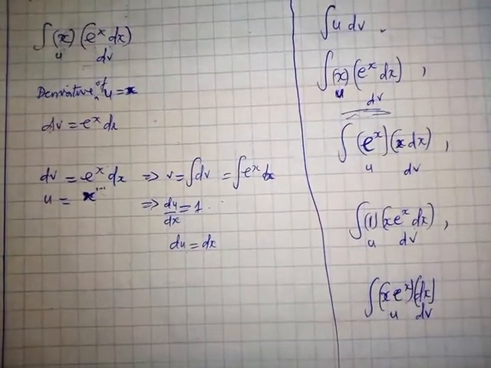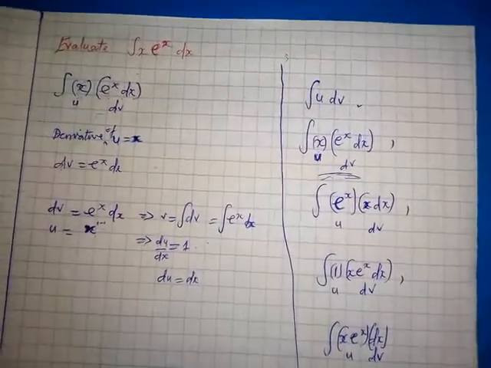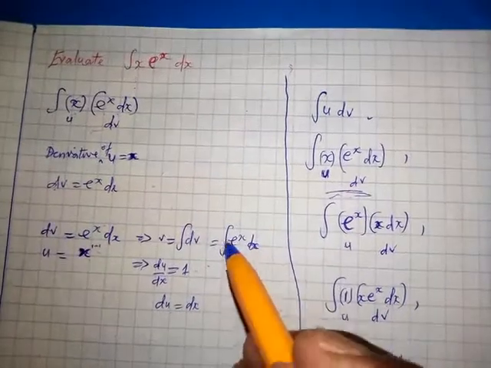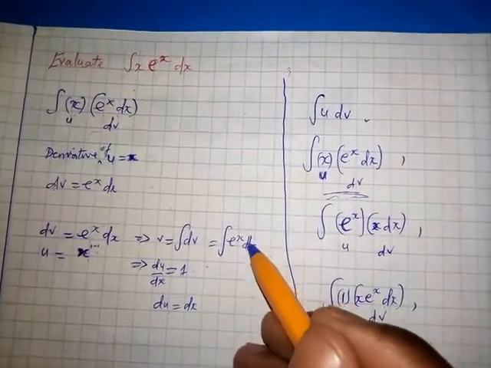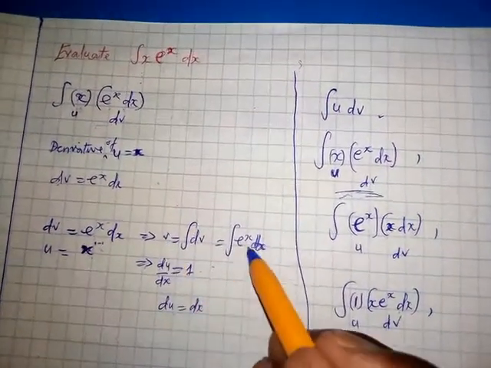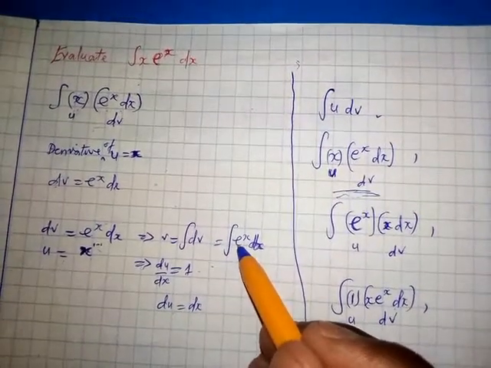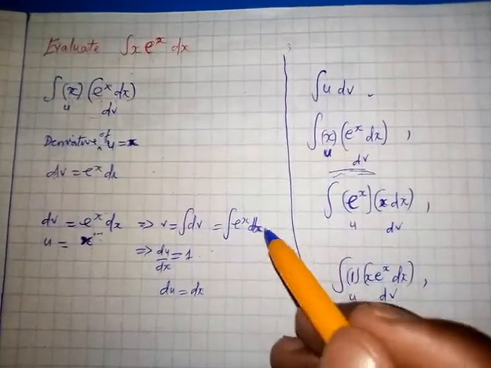Then, to find v, we integrate dv, which is equal to e raised to power x dx.